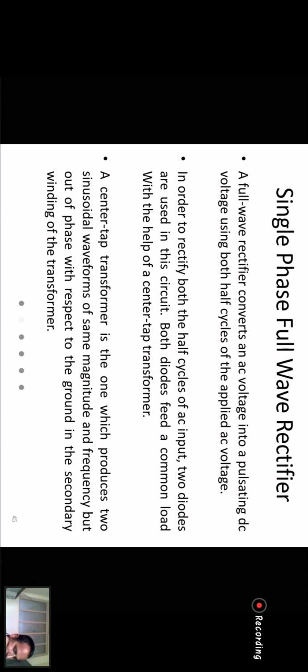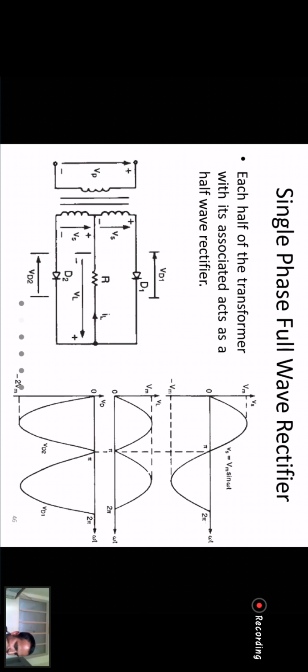In this case, we take the turn ratio of this transformer as unity, just for simplicity.